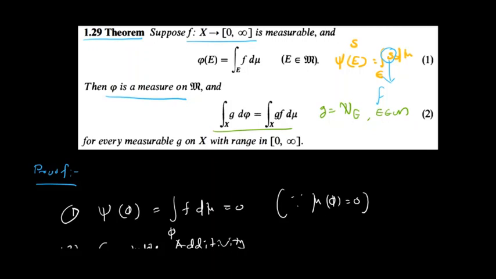So this result holds for every simple measurable function g. For the general case we use the monotone convergence theorem. This is the hint for the proof. So you prove this; it is left as an exercise for you. Thank you.